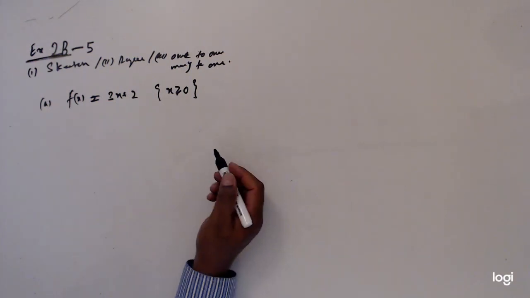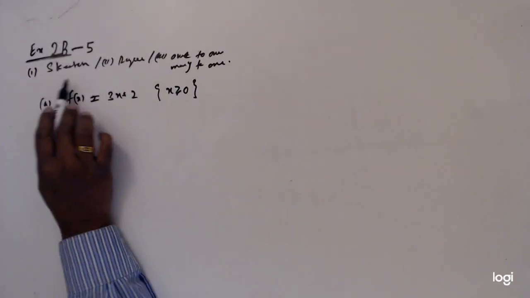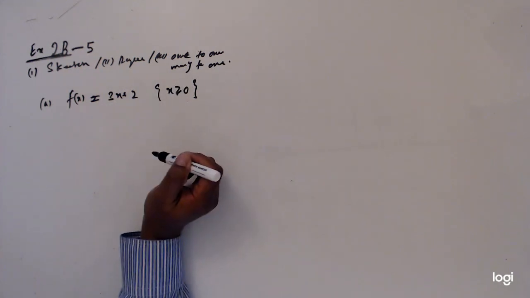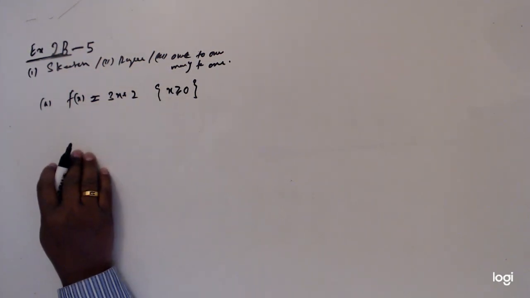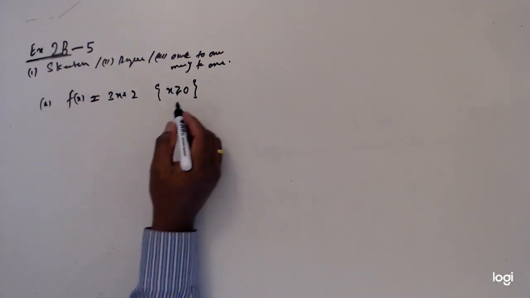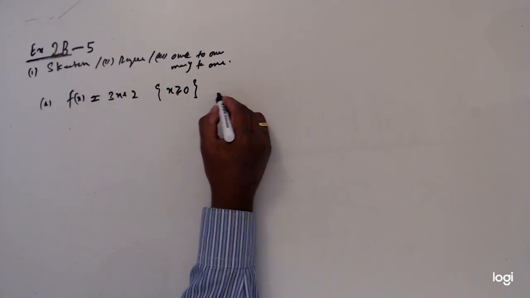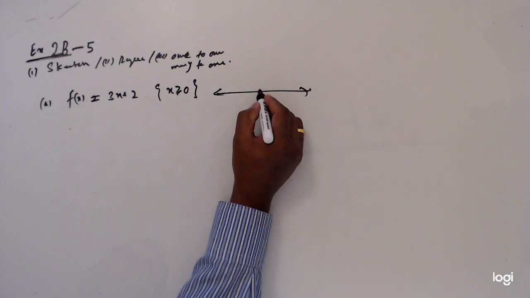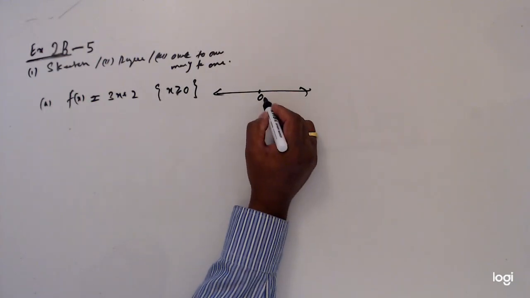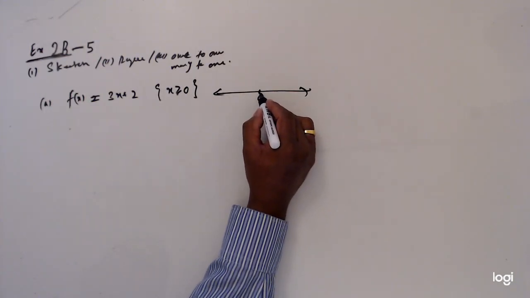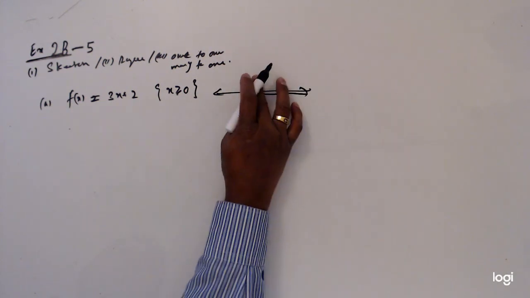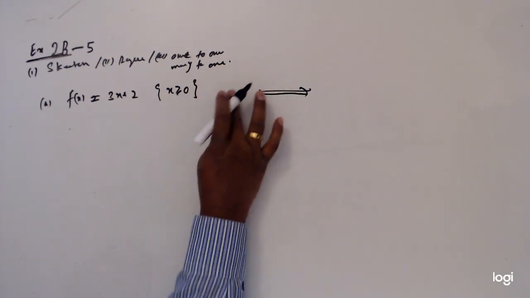Question number 5. We want to sketch, and find the range and whether it is one-to-one. Part A, f(x) equals 3x plus 2, and the domain is given, x greater than or equal to 0. It means this is the number line, so this is 0. So the graph is only valid for this, so we don't need this area.